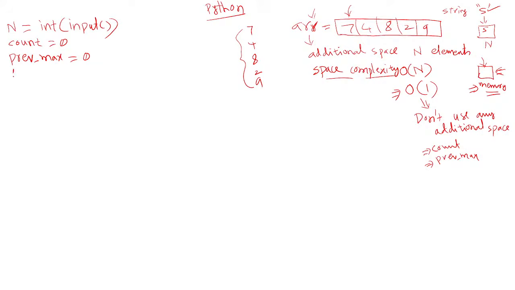Just write for underscore in range of n in Python. What does it do? The value of n is 5, so range of n generates the numbers 0, 1, 2, 3, 4.